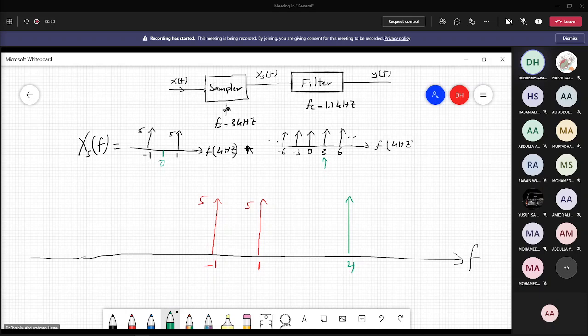And this one will be at 3 minus 1, which is 2. Okay, with a 6, this one will be at 6 plus 1, 7. And this one will be at 6 minus 1, which is 5.